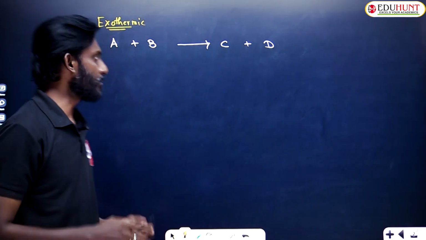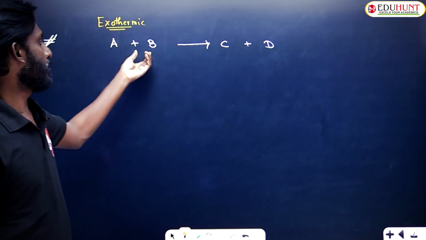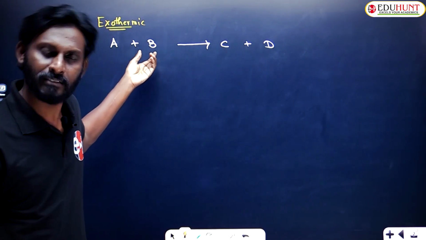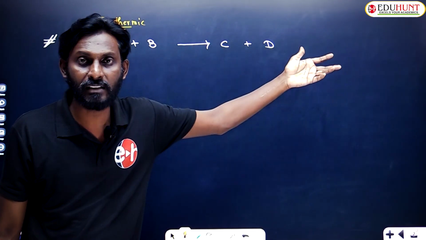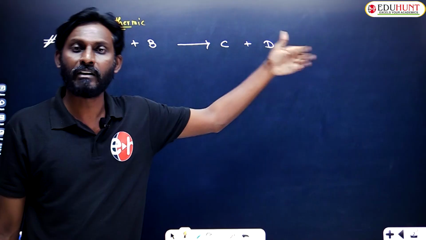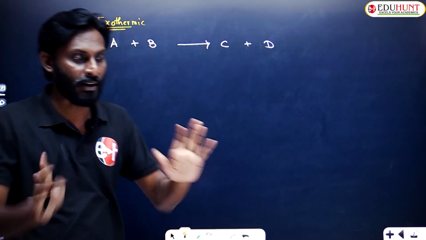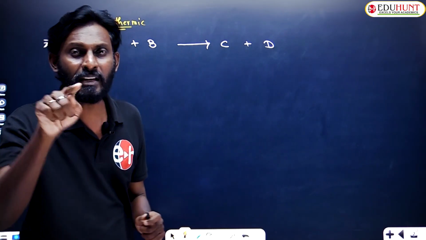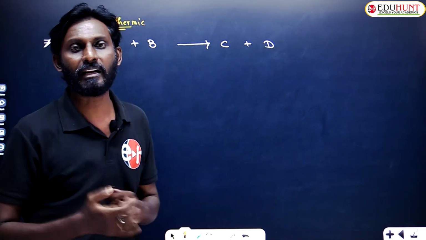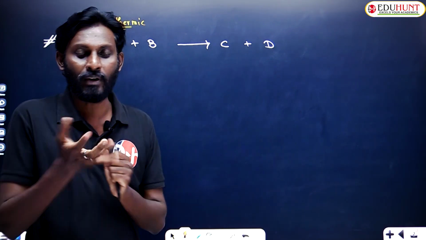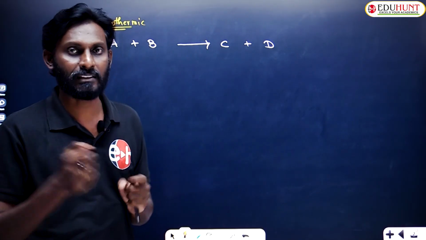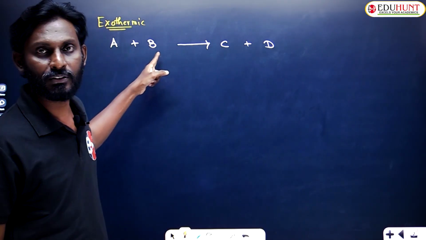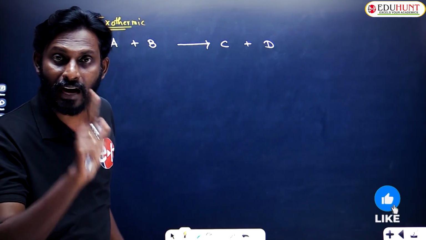Now tell me, A and B are chemicals, they are reactants, and C and D are different chemicals, that's why different products. The point is, chemicals have energy called chemical energy. How, sir? How does a chemical have energy? You know bonds, bond energy? For suppose this is a carbon dioxide molecule, there is a double bond between carbon and oxygen.